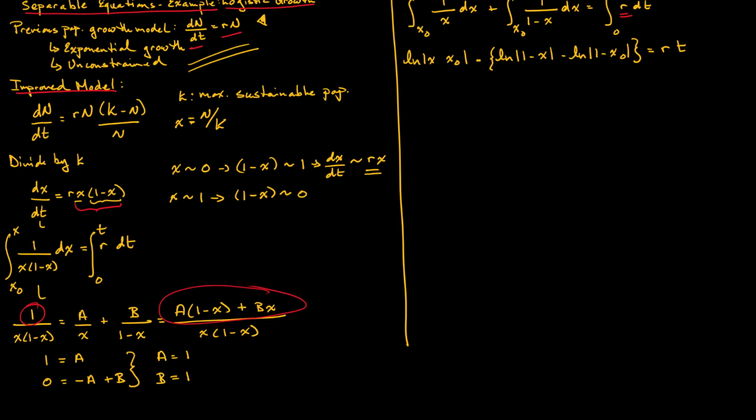And I apologize, this should be ln of x minus ln of x naught. So when we have the difference of two natural logarithms, we can just express them in a fraction.